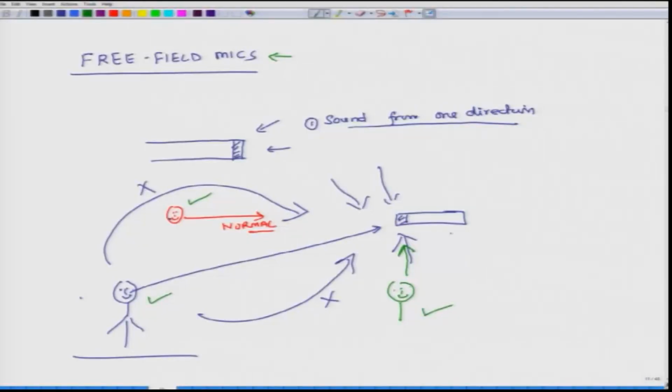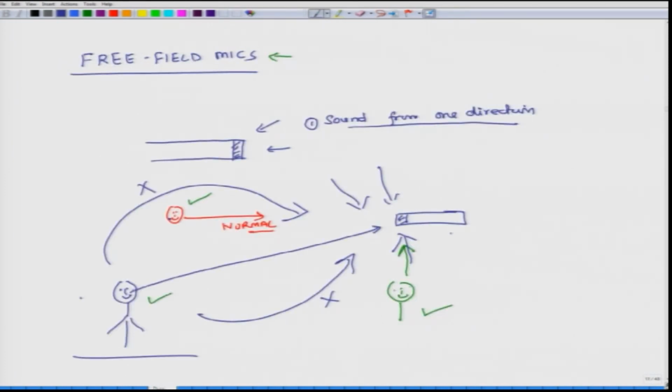So, that is an important characteristic of a free field microphone: if the sound source location is changing, it should be able to sense that sound equally well and should not be sensitive to a particular direction. Okay. So, these are free field microphones.